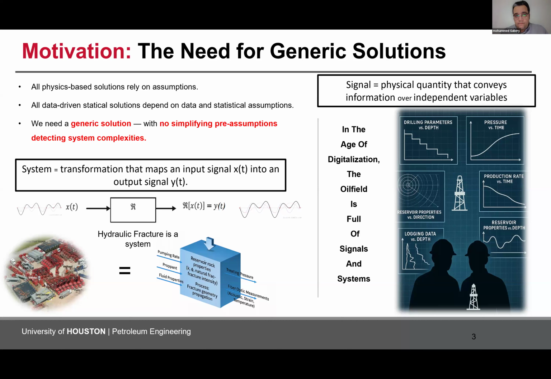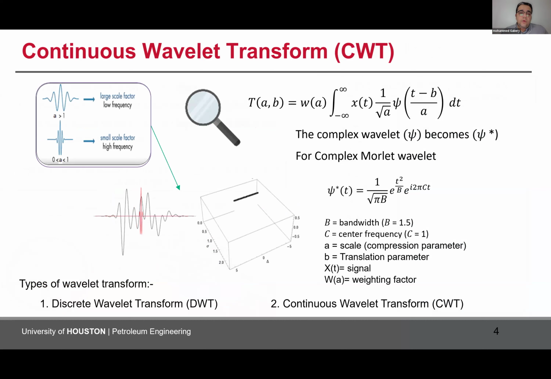So our technology tries to introduce a generic solution for this output signal to understand the system complexity. One of the techniques that provide these generic solutions is the wavelet transform. What is the wavelet transform?